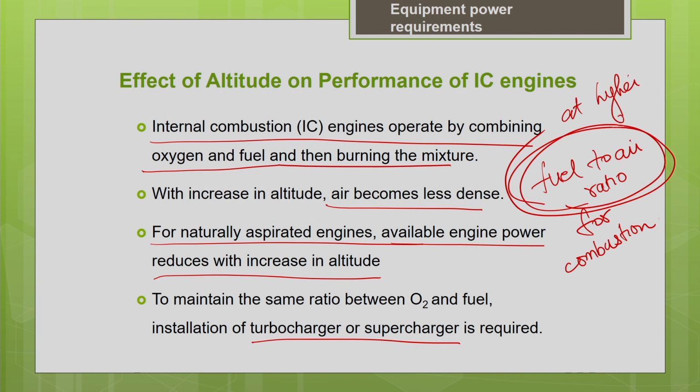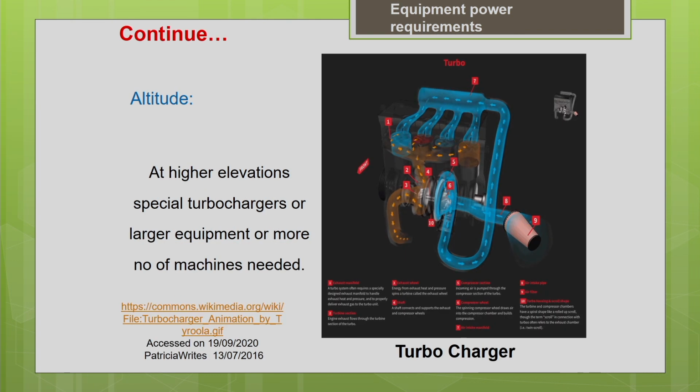I have shown you this picture in lecture 1, hope you remember. This blue color indicates the air movement. There will be a compressor arrangement which will compress the air, supply it and maintain the air to fuel ratio in the chamber. That is how the combustion process is not affected if you provide the turbocharger.